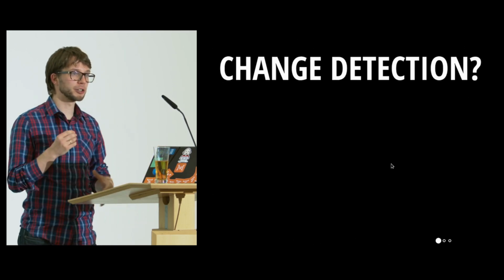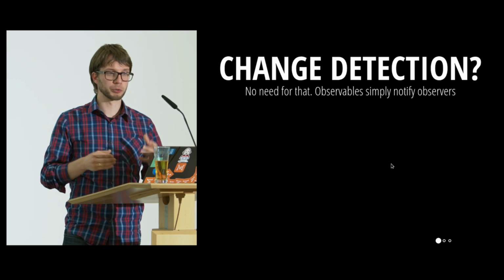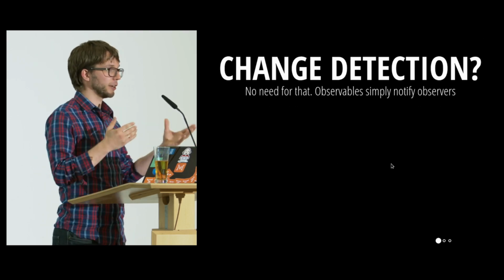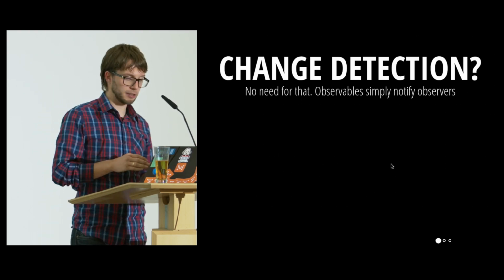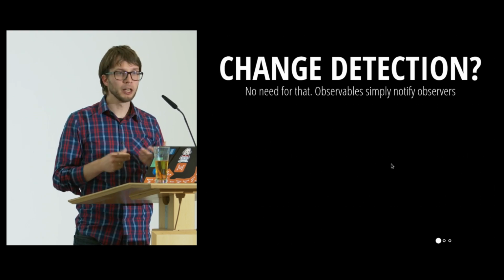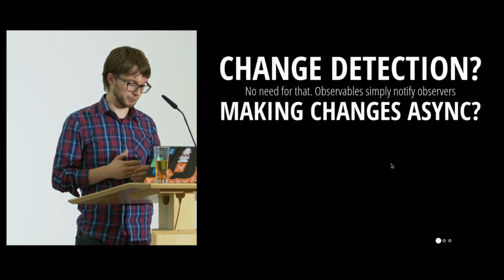So far you might have noticed that I didn't really talk about change detection. And that is basically because MobX doesn't need change detection, because observables themselves will tell the system, hey, I have changed. This attribute of mine has changed. Those things, please figure out which things need to re-render. So there's no change detection mechanism, no change detection loop.